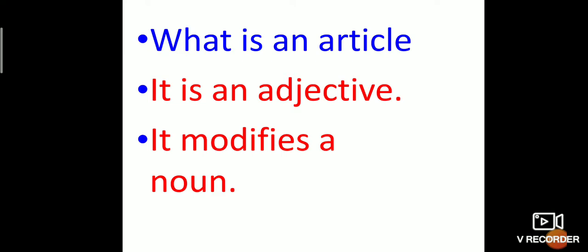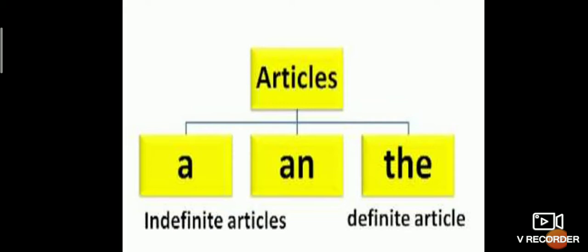And these articles, they come before a noun. We always use these articles before a noun. So they are divided into two categories. One is definite article, the other is indefinite articles.